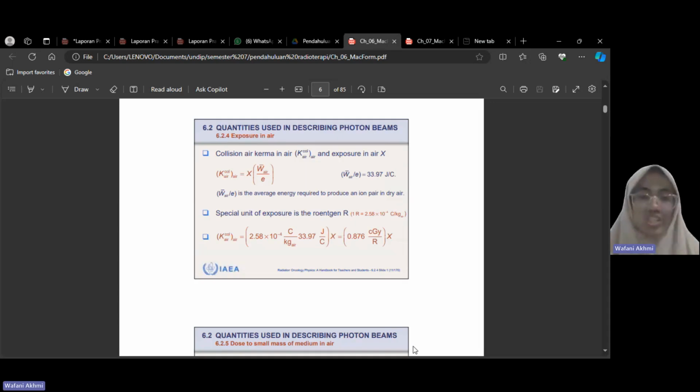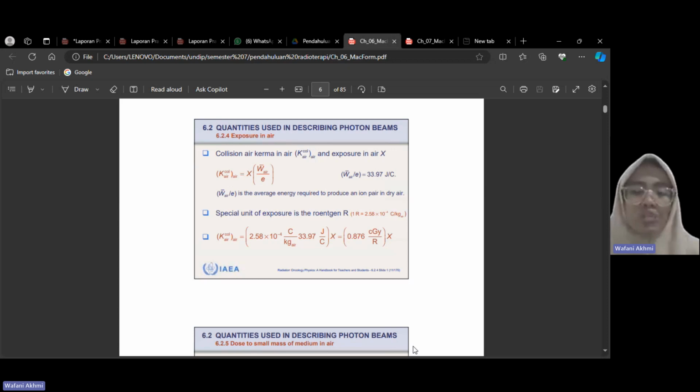Exposure in air. Collision air kerma in air and exposure in air. W air over e is equal to 33.97 joule per coulomb. W air divided by e is the average energy required to produce an ion pair in dry air.